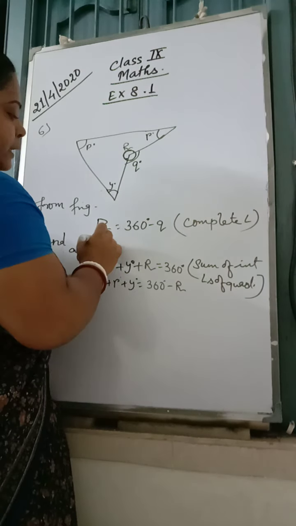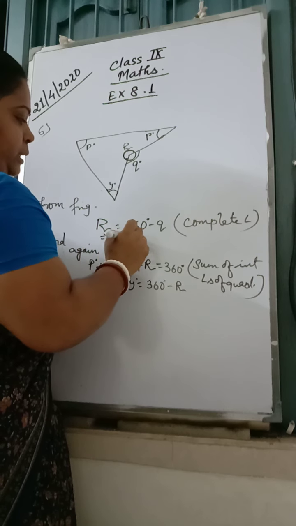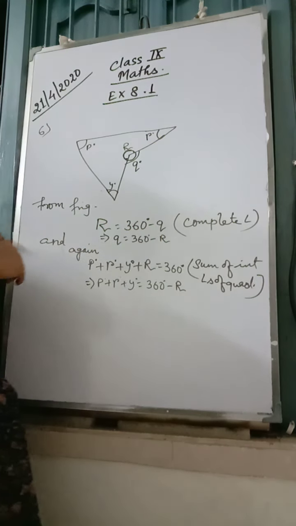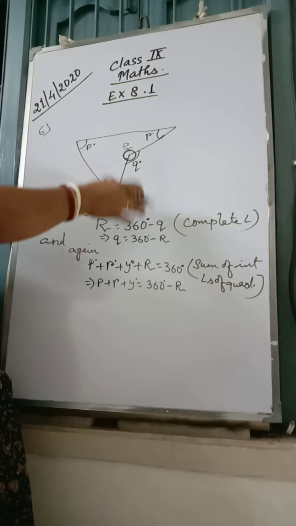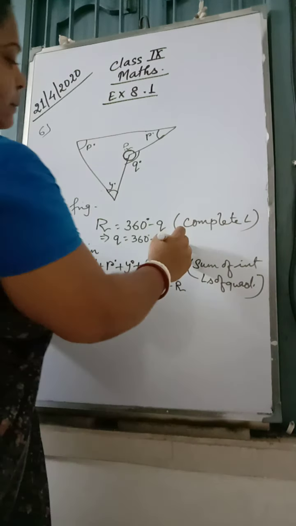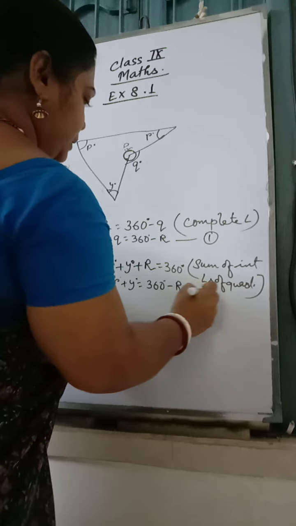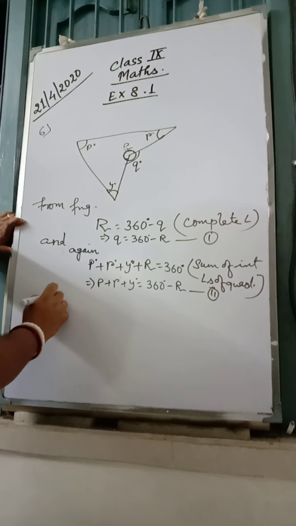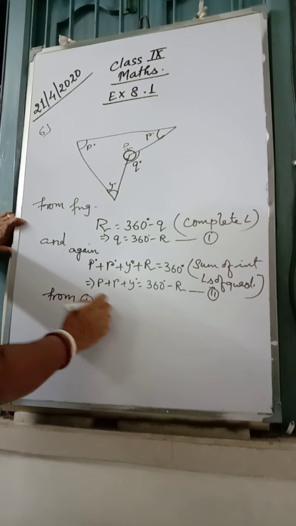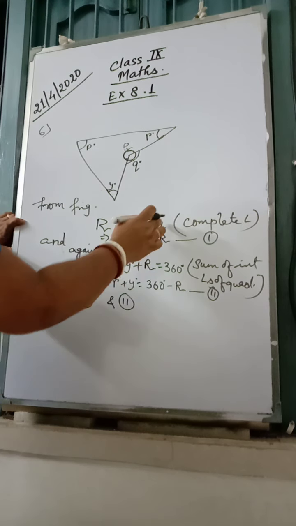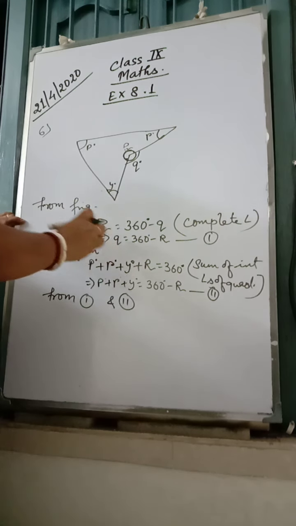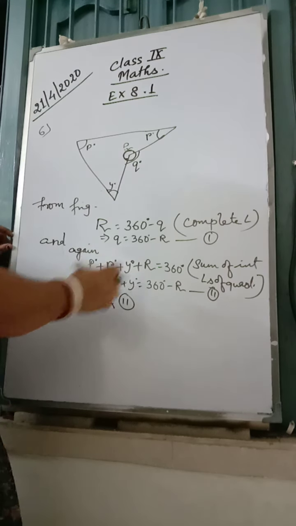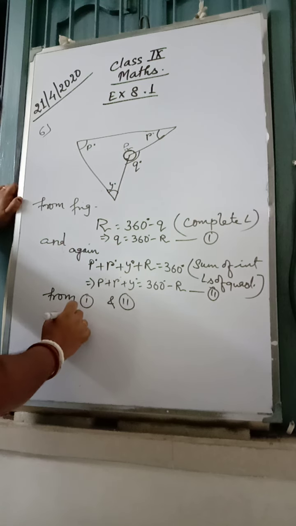Or here also we can do it. Q is equal to 360 degree minus R. We can write it, no? Q is equal to 360 degree minus R. This is number 1 and this is number 2. So from 1 and 2, I brought Q this side, so positive Q, R came this side, so minus R. So from 1 and 2, what can we write?